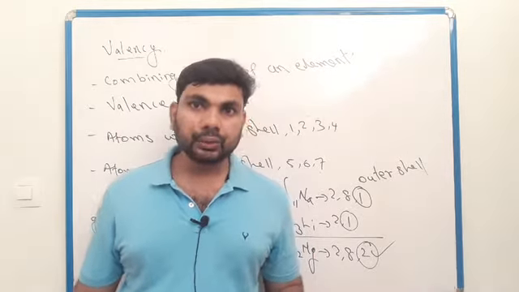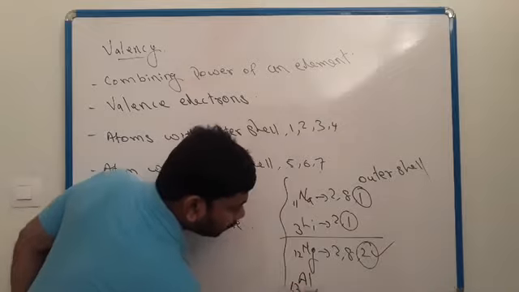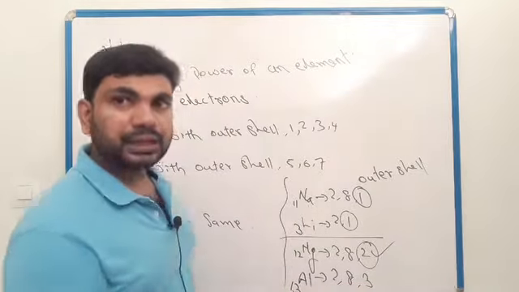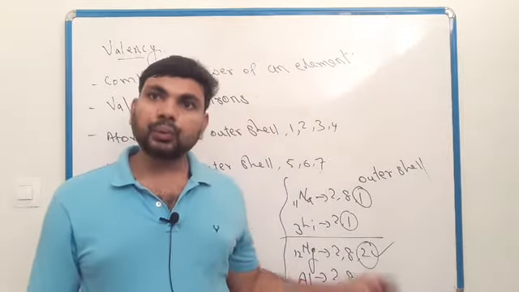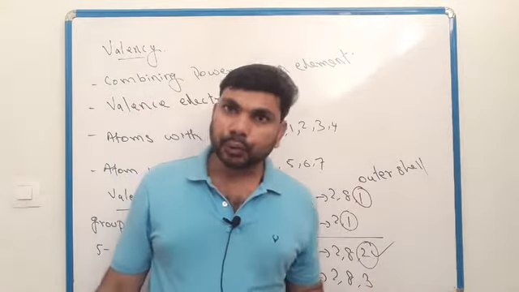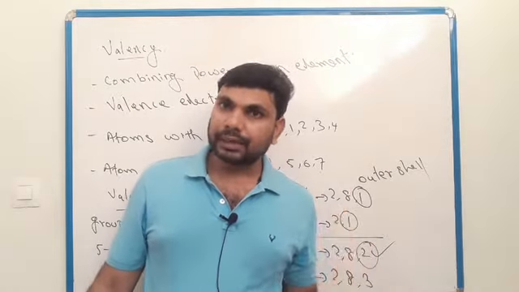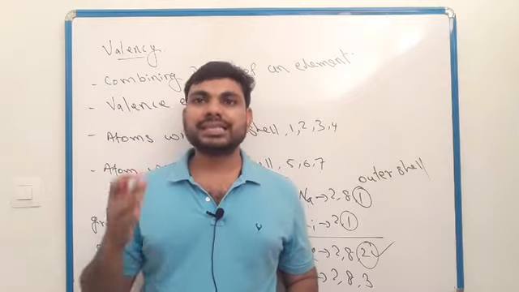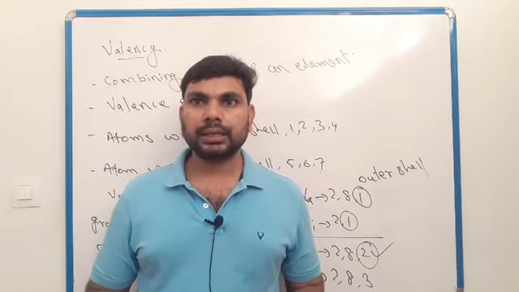You can check group 3, example aluminum, it is group 3, 2, 8, 3. All group 3 elements have 3 electrons in the outer shell. Group 4, valence electrons 4. Group 5, valence electrons are 5. Group 7 and group 8, accordingly, valence electrons 7 and 8. So this is valence electrons.